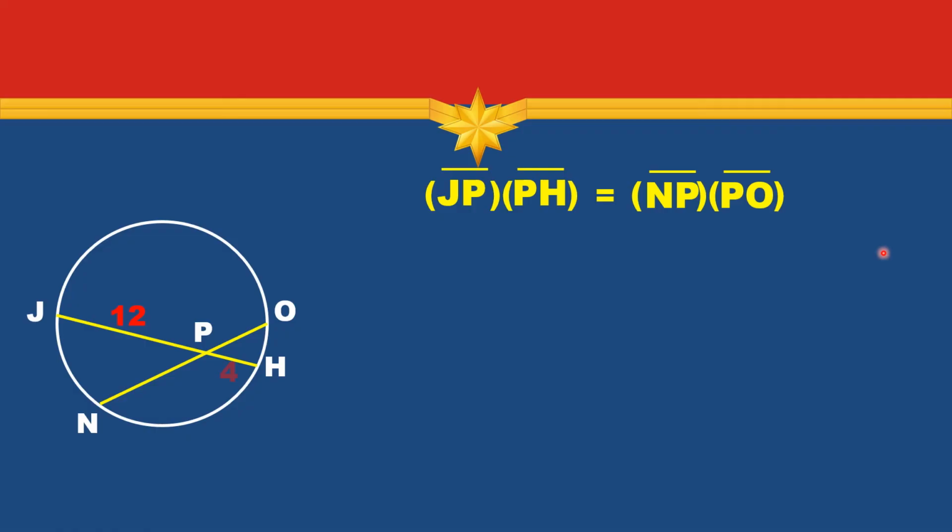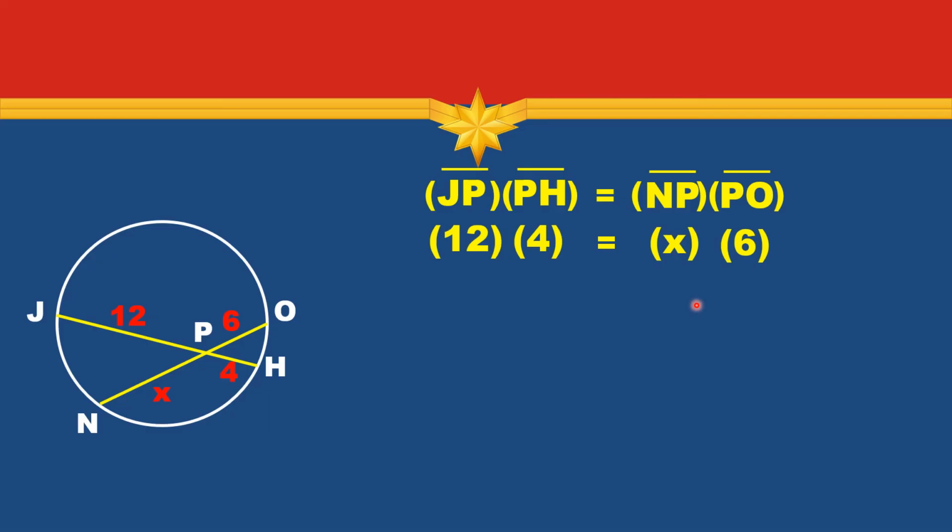Okay, if JP is 12 and PH is 4, also NP ang ating missing, nawawala, which is X, and PO is 6. So by substitution, JP is 12 times PH is 4 equals, ang NP natin ang missing, X, but PO is 6.